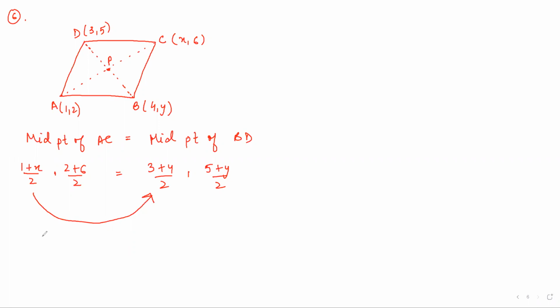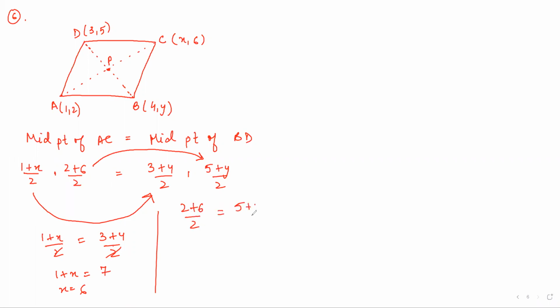So 1 plus x divided by 2 equals 3 plus 4 divided by 2. The 2 cancels out in the denominator, so 1 plus x is equal to 7 and x is 7 minus 1, which is 6. Now the y coordinate is the same because the point is the same. So 2 plus 6 divided by 2 equals 5 plus y divided by 2.